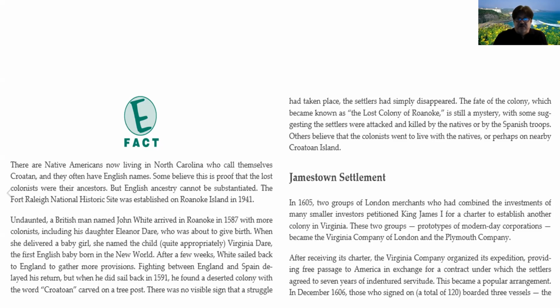That's another word for, or 2 words for being a slave. So you don't get freedom until after 7 years. And whoever your boss is going to tell you what kind of work you're going to do and how long you're going to work and where you're going to sleep and what you're going to do. So you have no freedom for 7 years for this free ride to the new world.